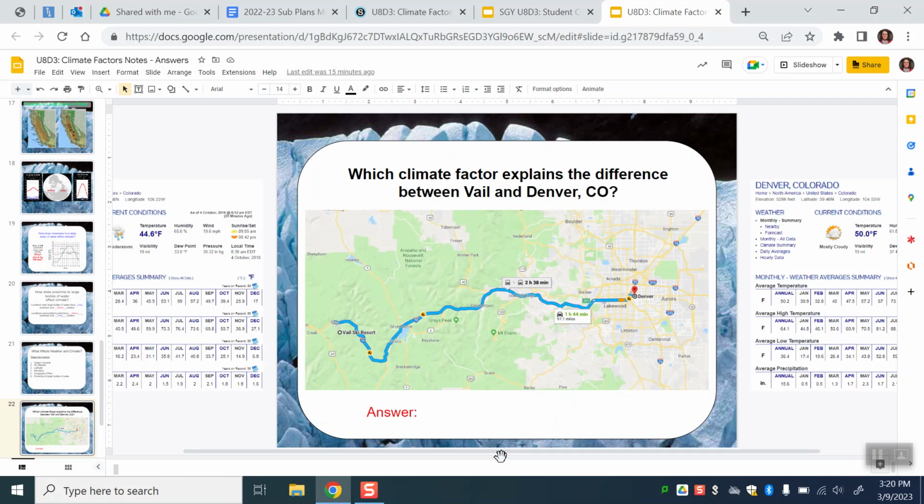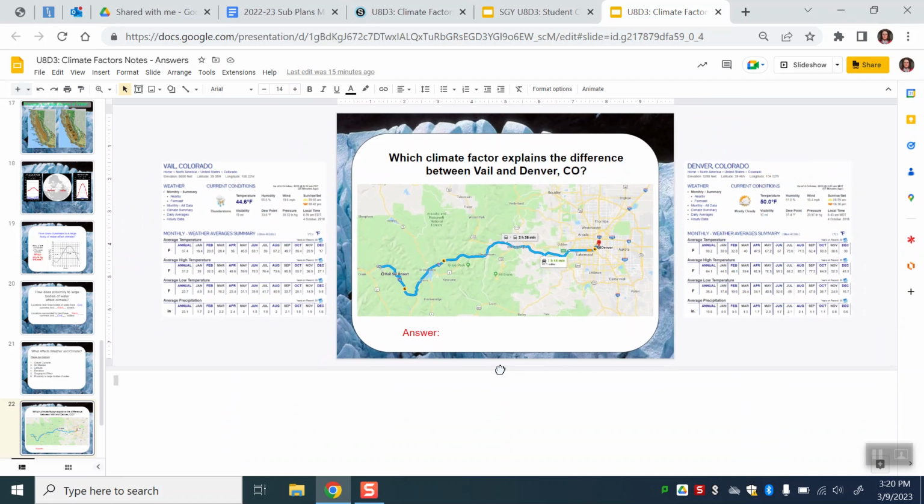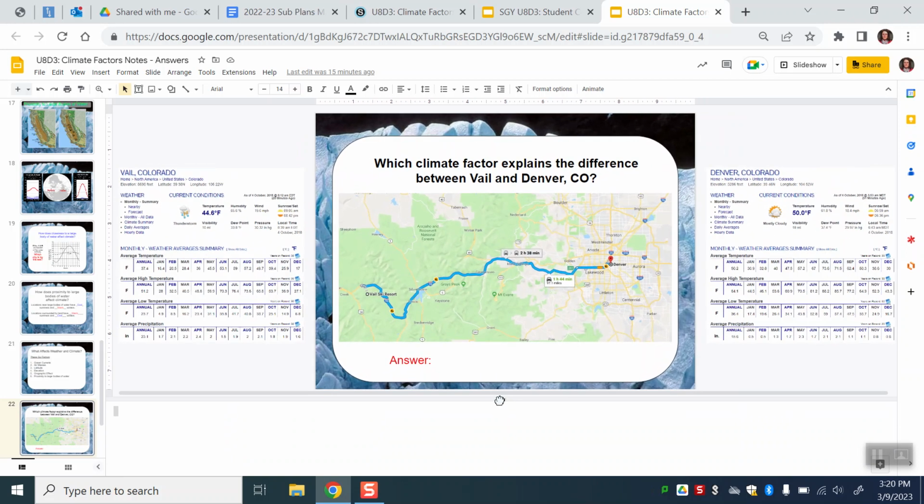Just move this right here and you can adjust how much you see. So if I go up like this, I can see those temperatures and you can zoom in and see what you need to see as far as the weather report for those areas.